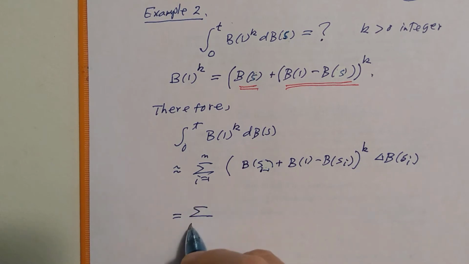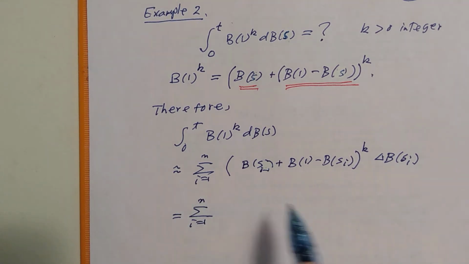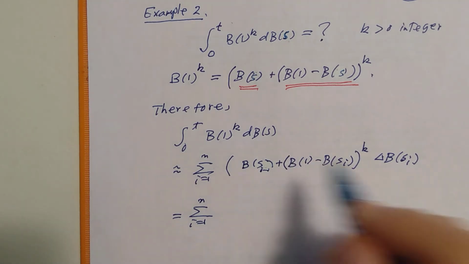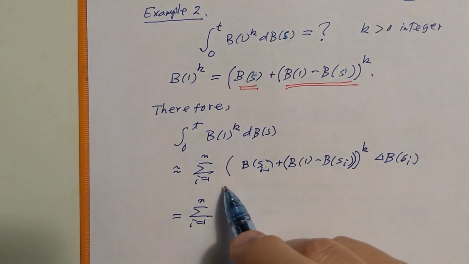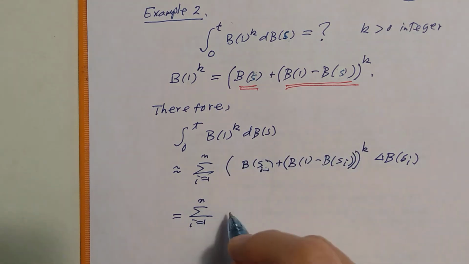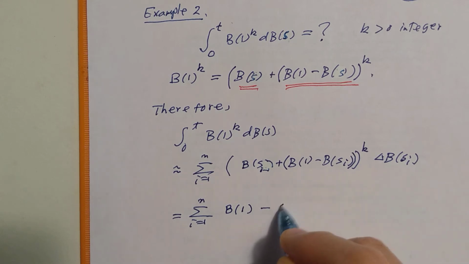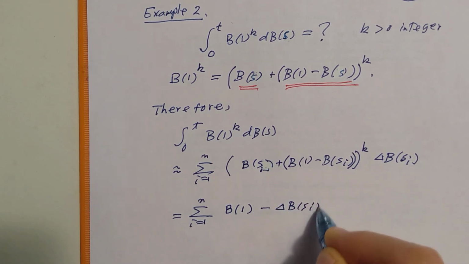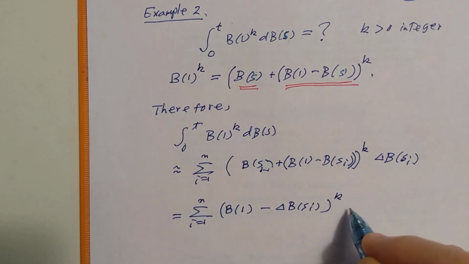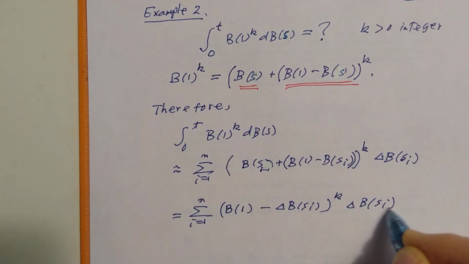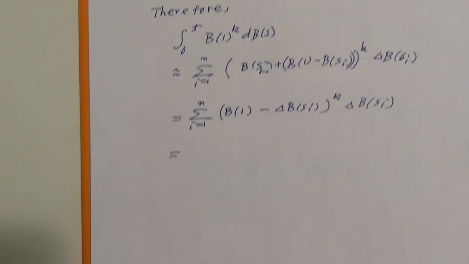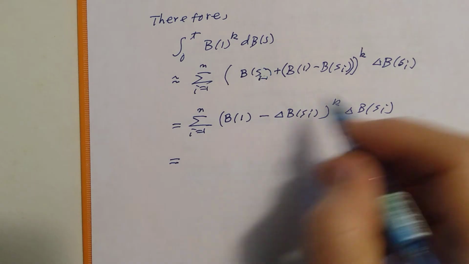And that equals the summation i from 1 to n. And then we use the binomial expansion for this to the power k. First, we rewrite this sum as B_1 minus the Brownian motion increment as before, to the power k, and then we use the binomial expansion.